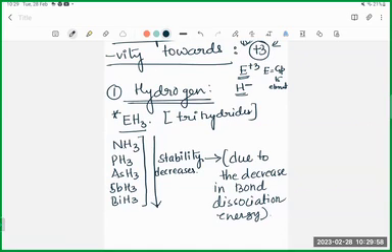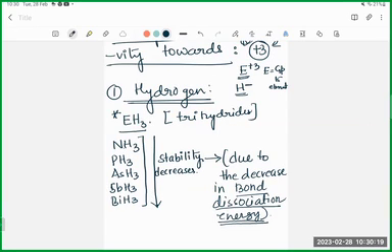Why? What is the reason? We say the stability decreases down the group, so NH3 being the first compound will be highly stable. And why? Because the bond dissociation energy is very high for this compound as compared to the other compounds.